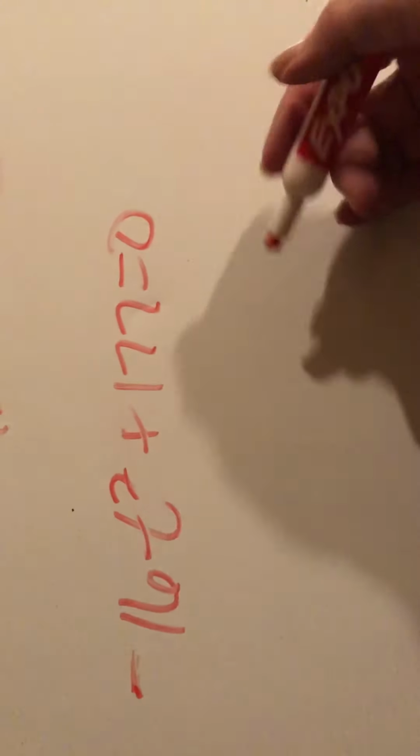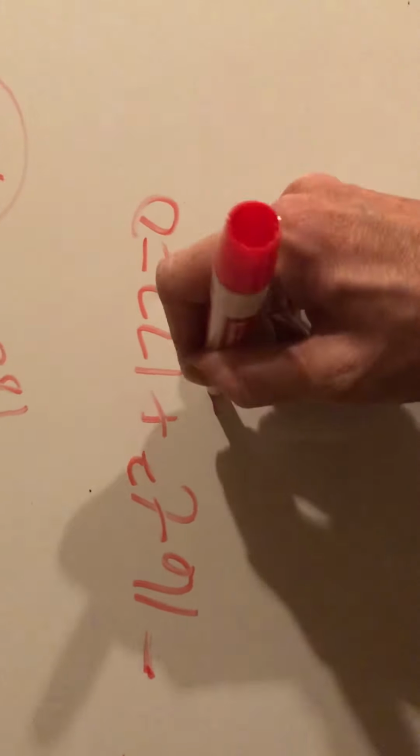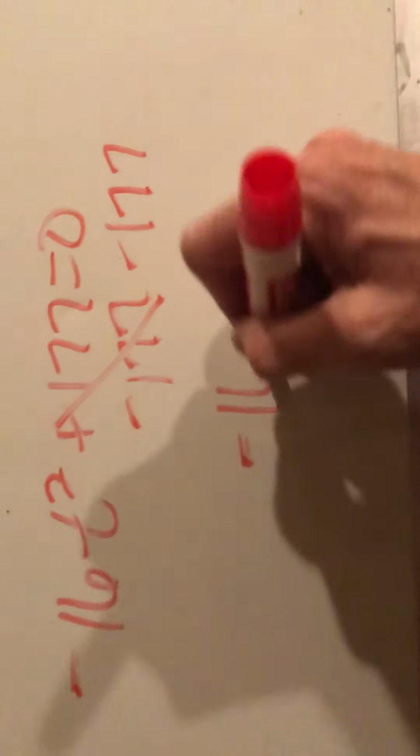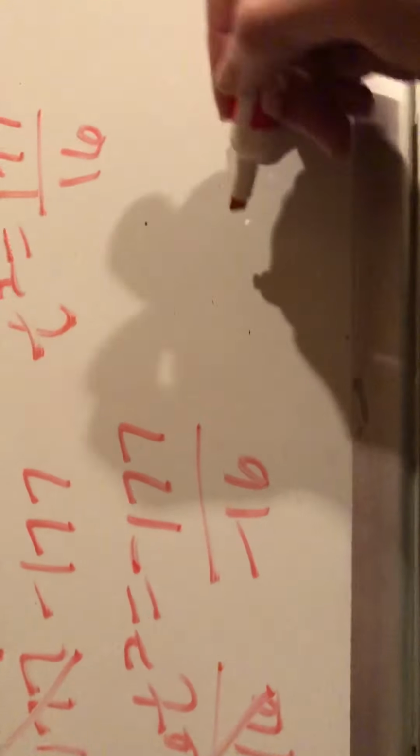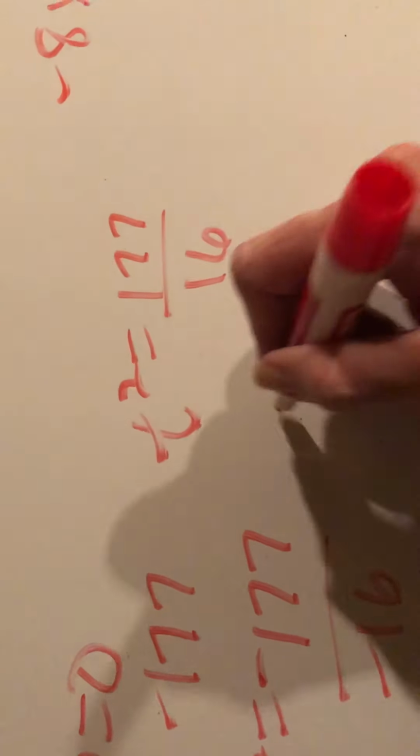A couple of different ways you can solve this. The way I'm going to do is isolate the t squared, which is one option I showed you in one of the videos that we did. So we're going to divide by 16. Now, do not figure out what 177 over 16 is. Leave it as 177 over 16 because you still have to take the square root.